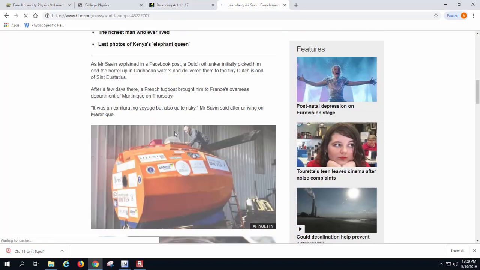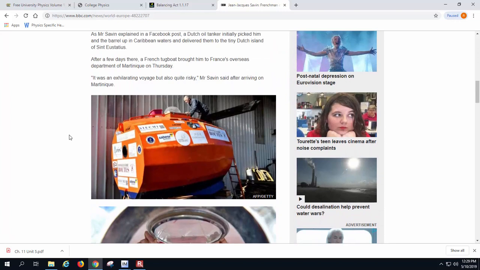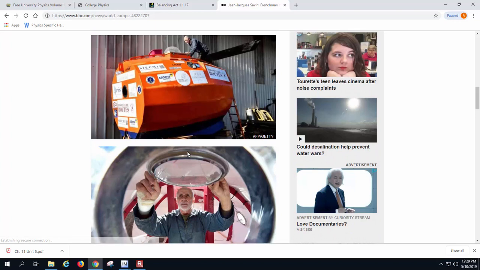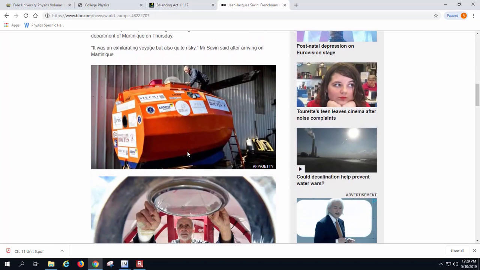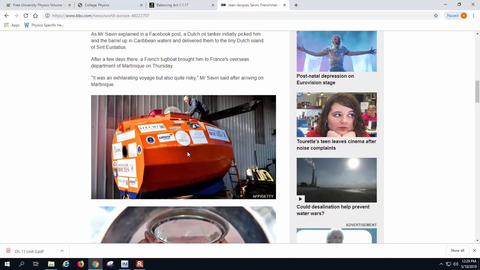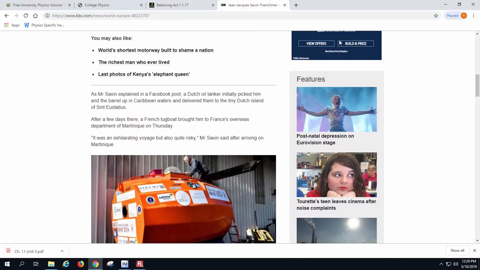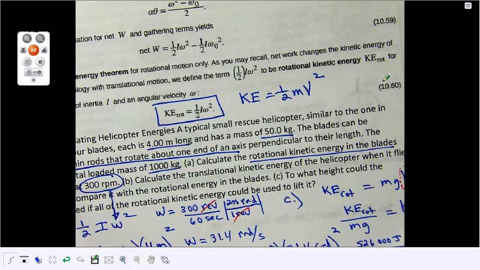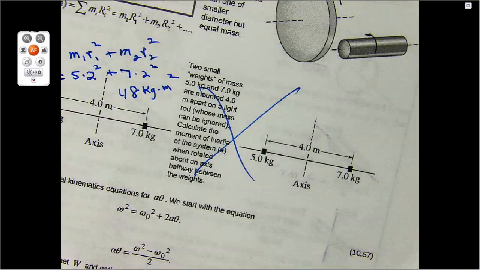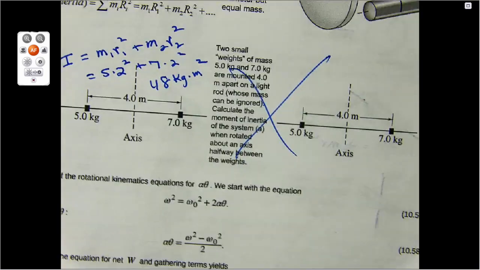Oh, there it is. Yeah, he was in this thing for months. Took him an extra month, too, but I guess he made it. He's a Frenchman. He used the ocean currents, yep. I keep thinking you see stuff like this, don't these people ever have to have a job? How many people have enough money to just do, oh, what are you going to do? Well, I'm just going to spend my life trying to make it across the ocean in a barrel. Well, I guess that would work.